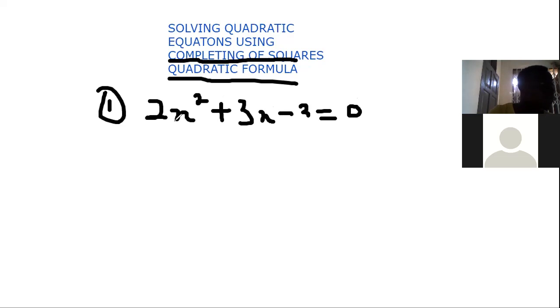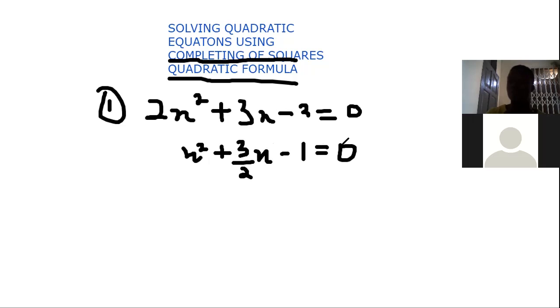Here, the coefficient of x squared is 2. So to make it 1, we are going to divide through by 2. Dividing the whole of this by 2, we get x squared plus 3 over 2 x minus 1 is equal to 0.